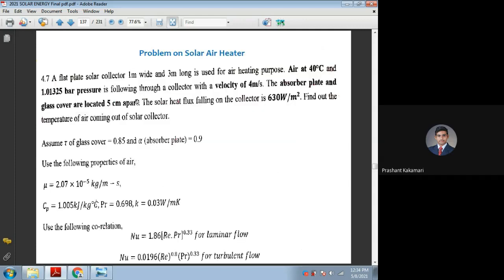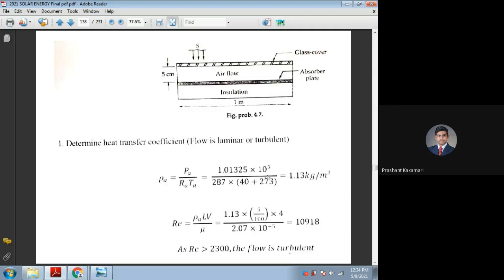Convert that bar into pressure in SI units, that is 10 raised to 5, divided by real gas constant 287 and temperature in Kelvin, 40 plus 273. Because it is a gaseous system, they have taken P by RT to find the density of air. The density of air is coming around 1.13 kg per meter cube. Using this density in the Reynolds number, they have found the Reynolds number, around 10,918. So by the number itself, one can judge it is a turbulent flow.